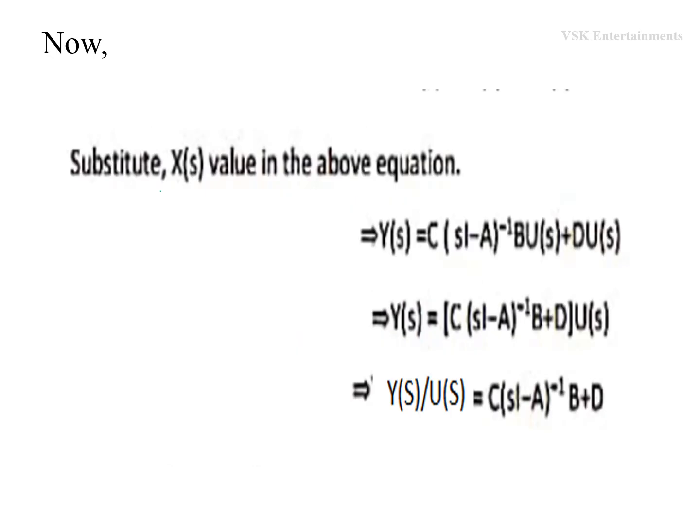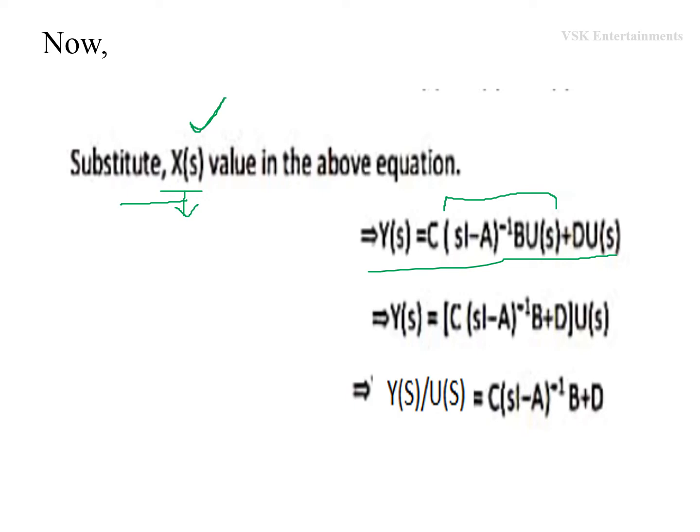Now substitute x of s, which we obtained by applying the Laplace transform to the state equation, in the output equation. By substituting x of s in the output equation, we are getting y of s is equal to the constant matrix C into this value, which is the x of s value, plus D into e of s.